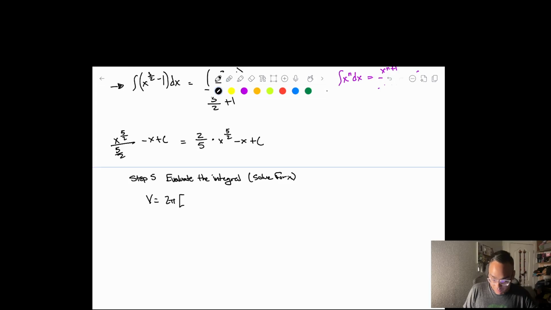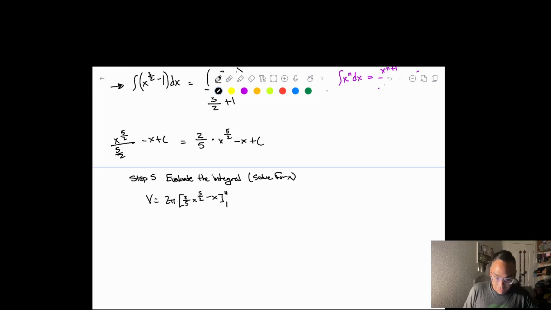We're going to move 2 pi back because we are done integrating. 2 fifths, x raised to the 5 over 2 minus x bracket. The upper limit's going to be 4, lower limit's going to be 1.